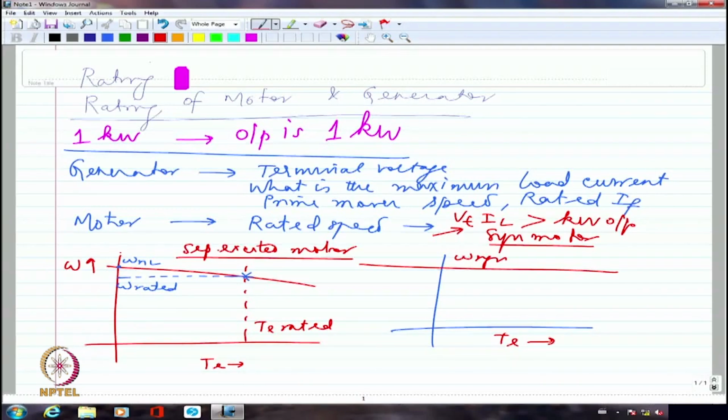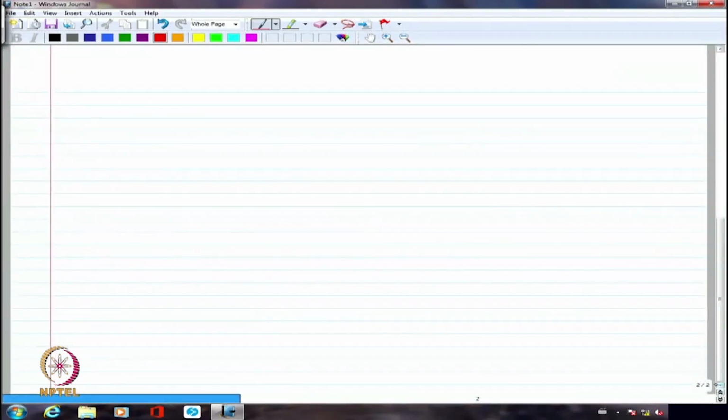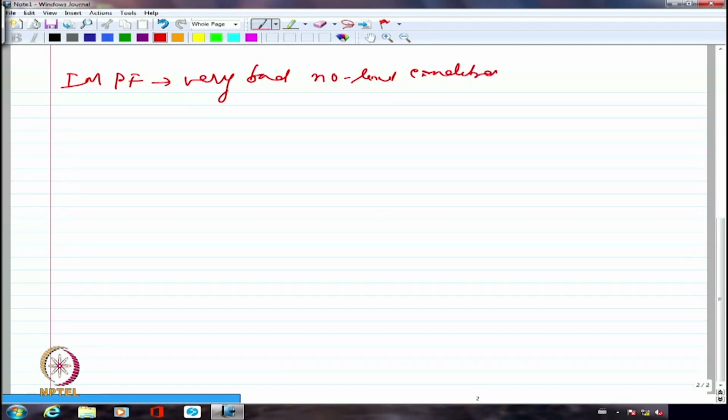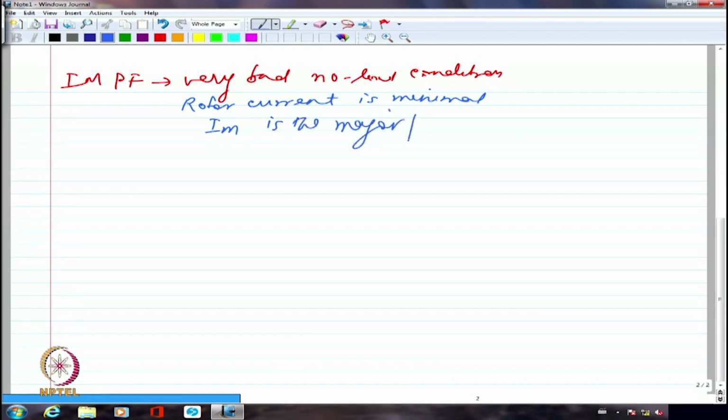Because induction motor, we also said, when it is actually starting off on no load, the major current drawn is only magnetizing current. So normally induction motor power factor is going to be very bad during no load condition, because the rotor current is very minimal, whereas magnetizing current is the major portion of the no load current.